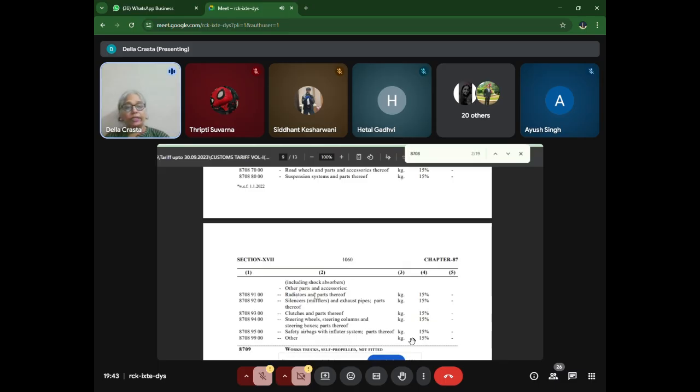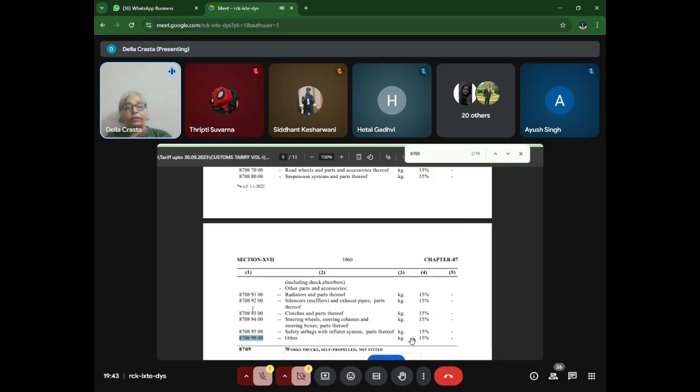In that, radiators are there, silencers are there, clutches are there, steering wheels are there, safety airbags are there, and others are there. So I'm sure our textile carpet used for cars, if at all we classify it as a part of a car, then this would be the classification, right? 87089900. Yes, correct, because we are identifying it as a part of a car because it is cut out and made in such a shape that it has to be put at the base of the car itself.